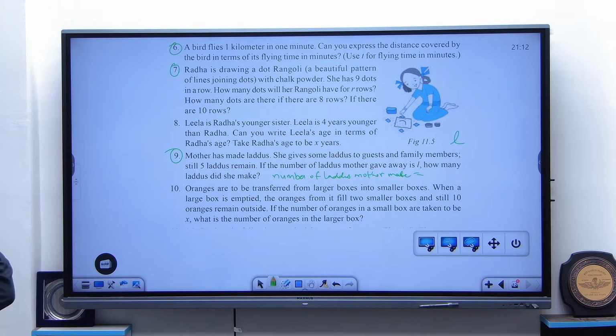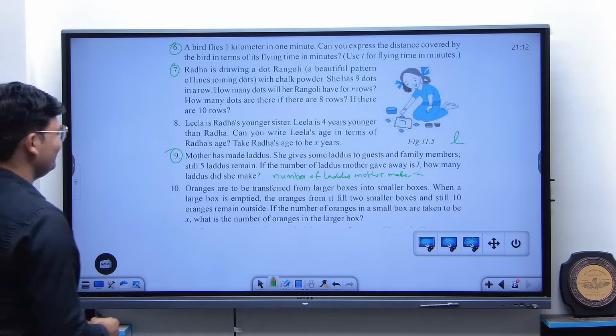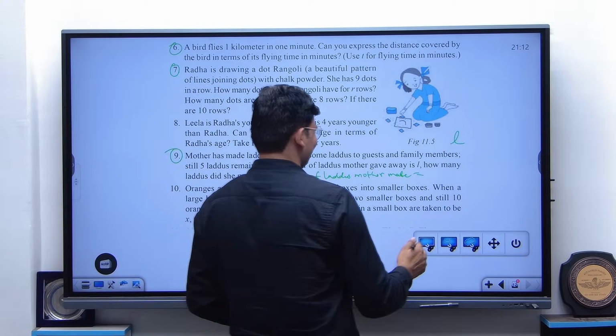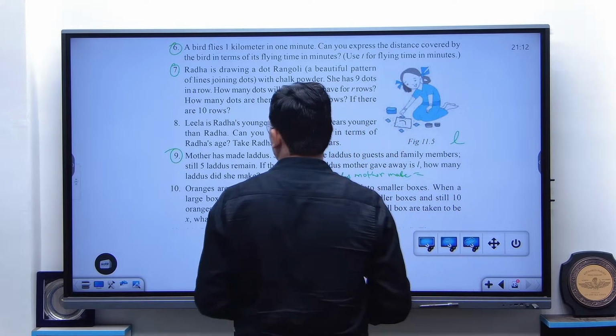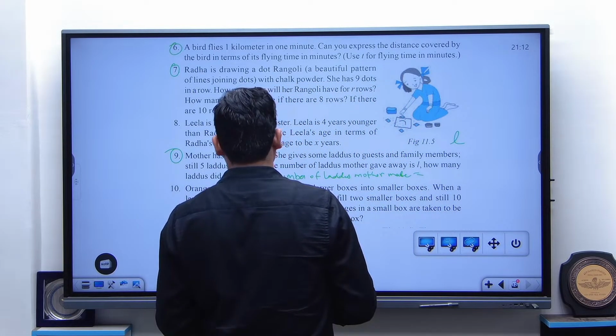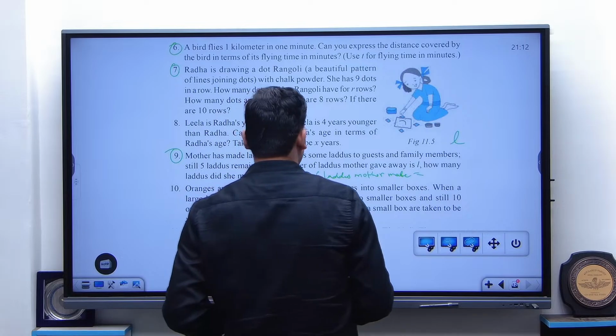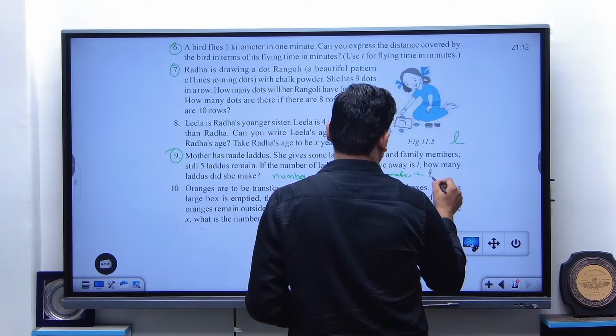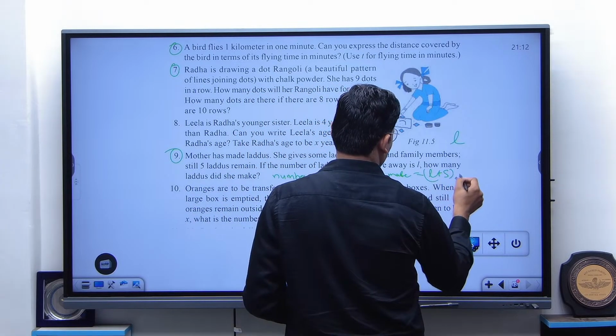Number of laddus made is L plus 5 laddus, in brackets. So if the number of laddus mother gave away is L and 5 was remaining, she made L plus 5 laddus.